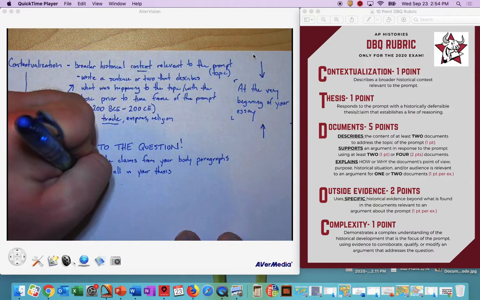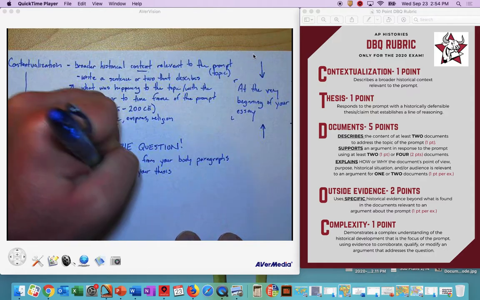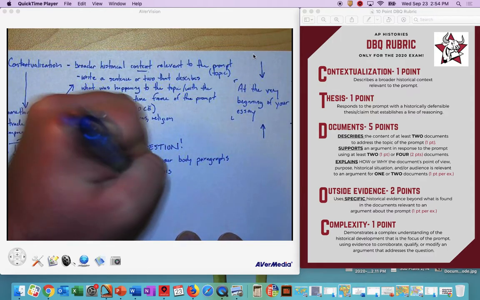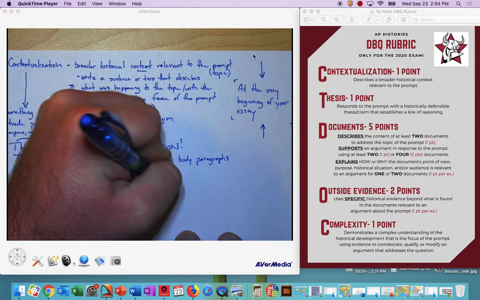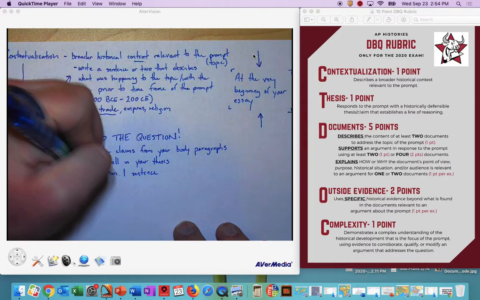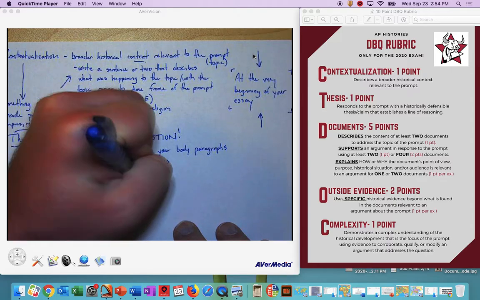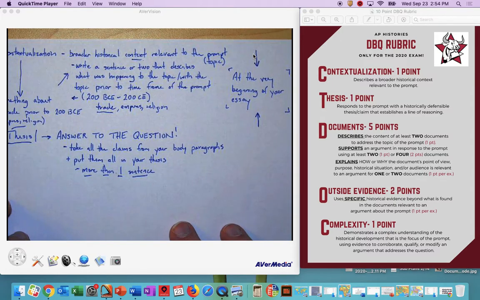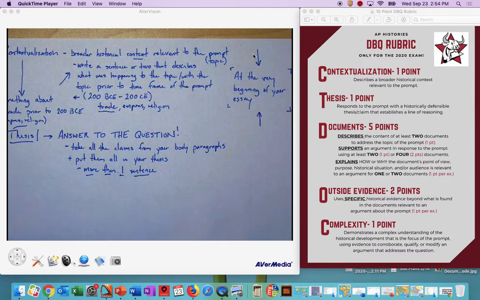Your thesis can be more than one sentence. In fact, it probably should be more than one sentence. The thesis is the answer to the question that they're asking you.